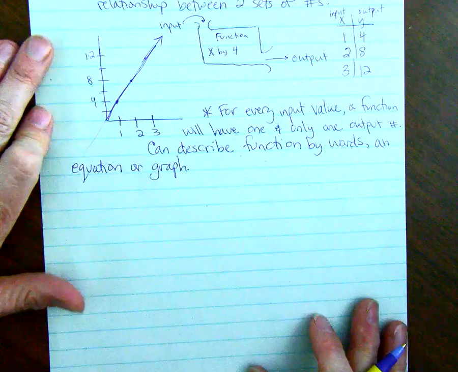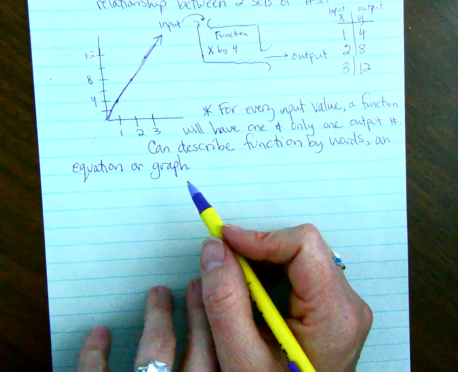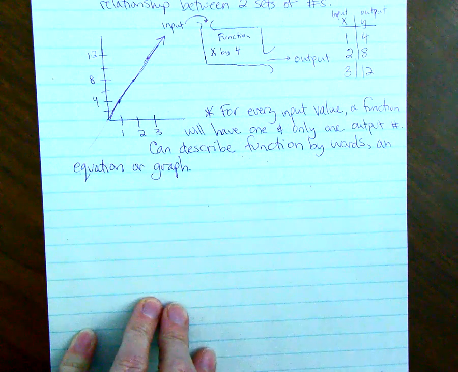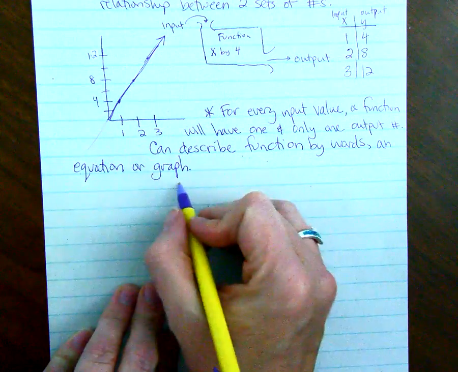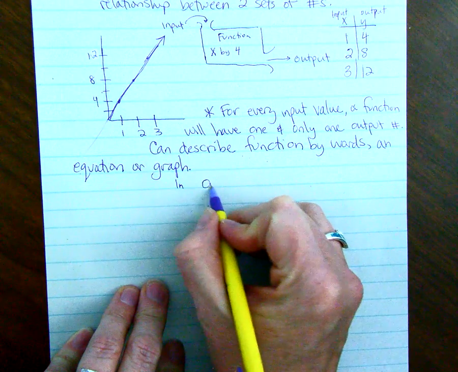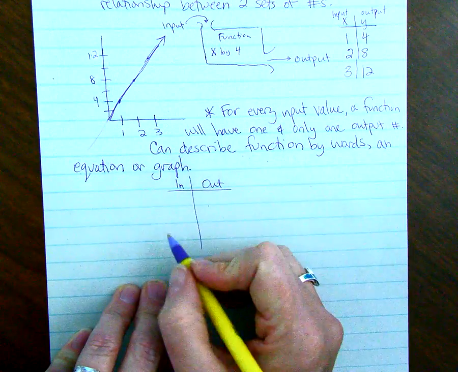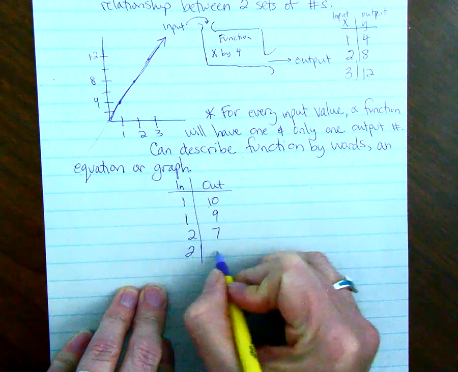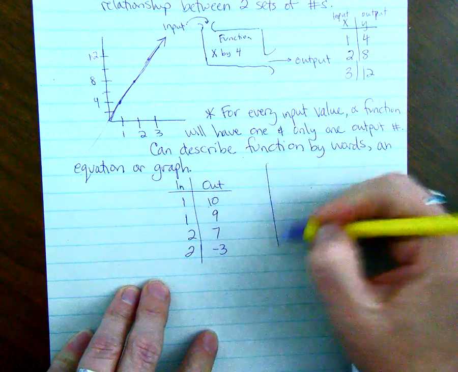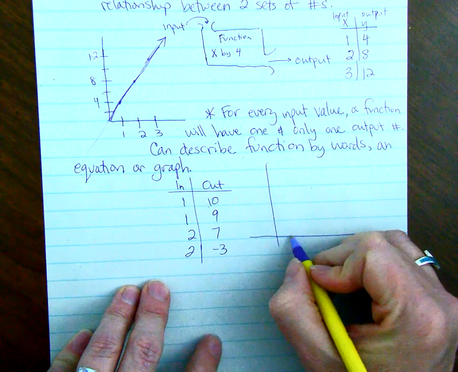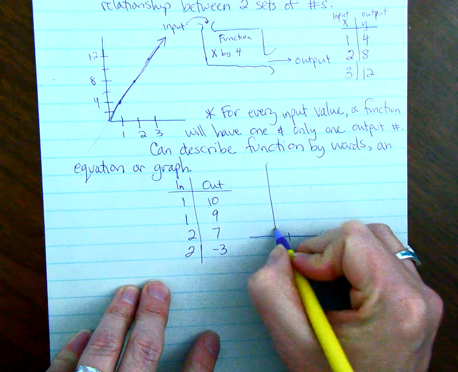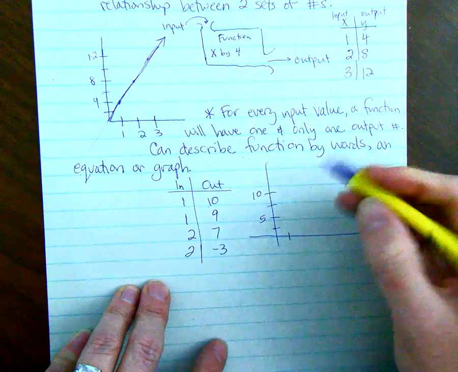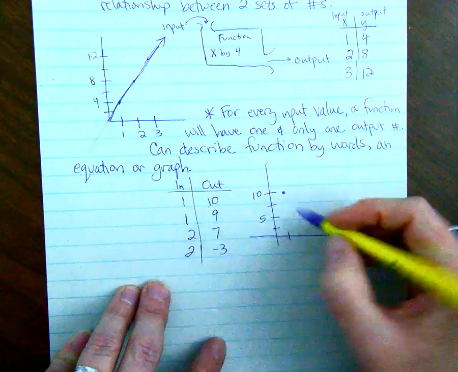Let's give an example here. Let's say we have a function machine, we put in a number and we get out a number. Let's see if this is a function. If we were to graph this, at 1, we get 10. At 1, we get 9.